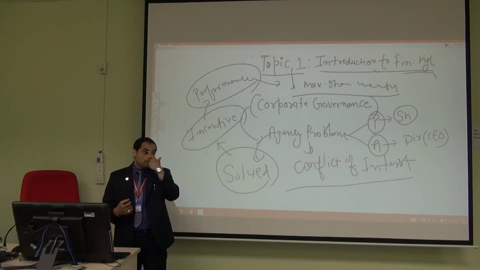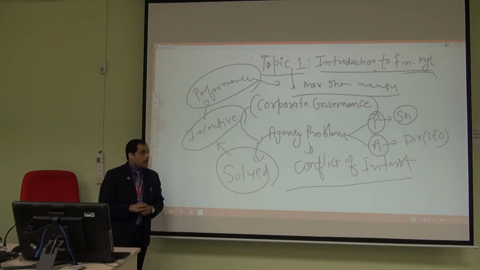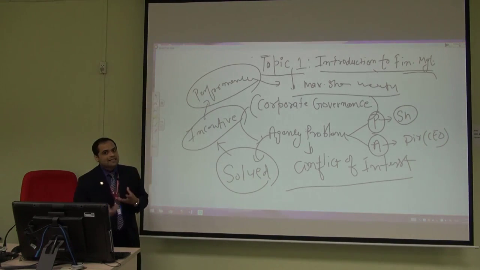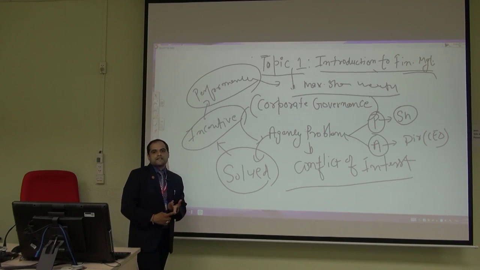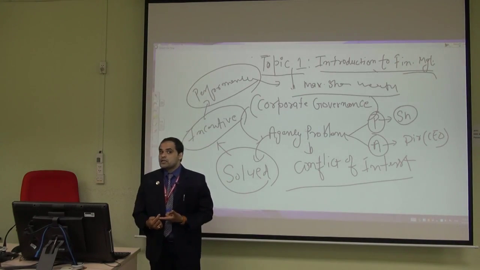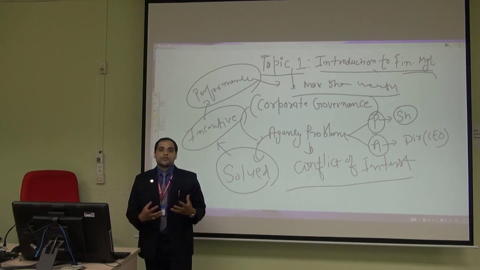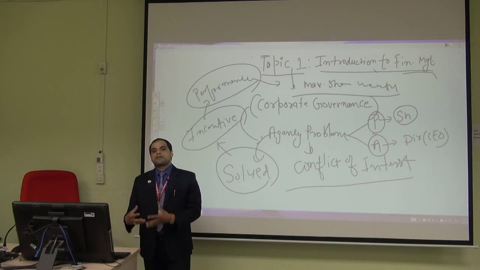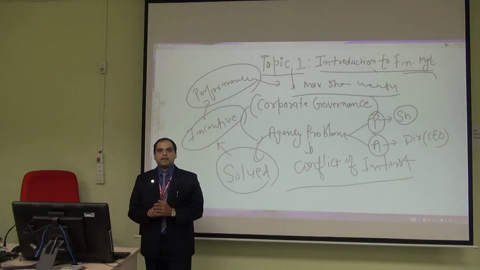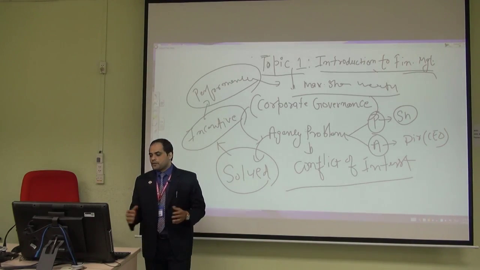Then there are some recommendations that minimize the agency gaps. One of the recommendations is that performance should be incentive based: working better is good for shareholders, and at the same time gives some personal benefits to the directors.